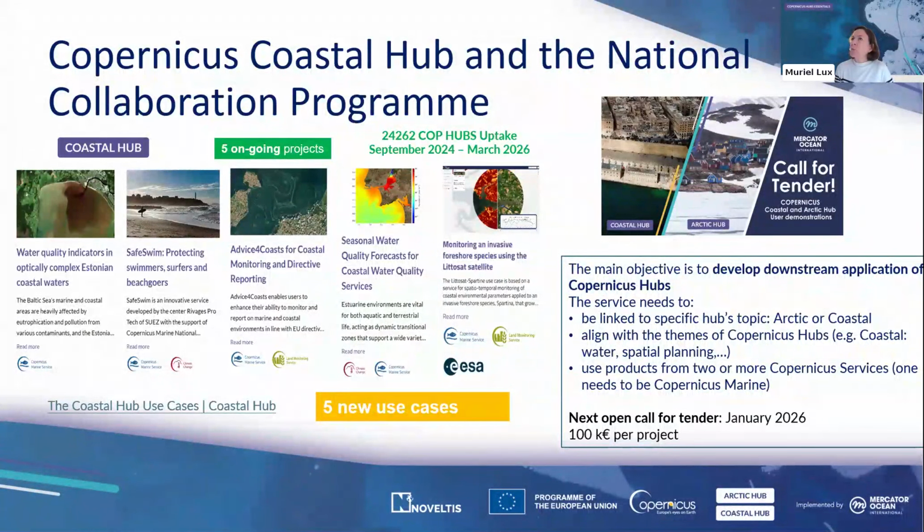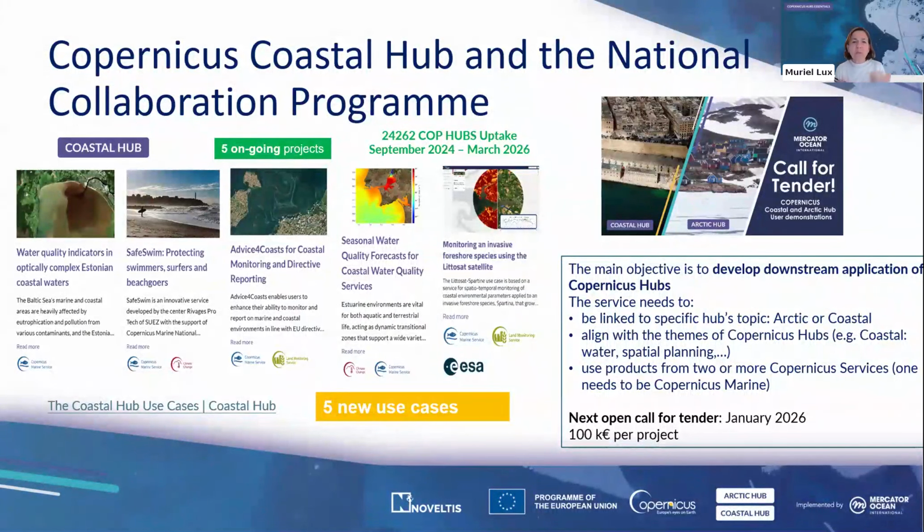We have some requirements for this call for tenders. We ask that the candidate propose downstream services that are useful for policy makers or decision making, and that are aligned with the different themes of the Copernicus hubs.